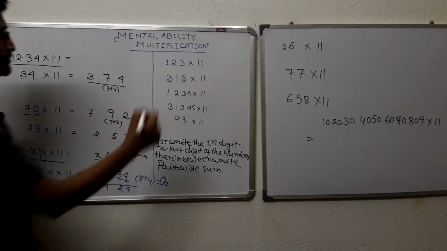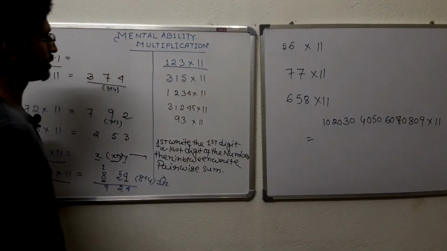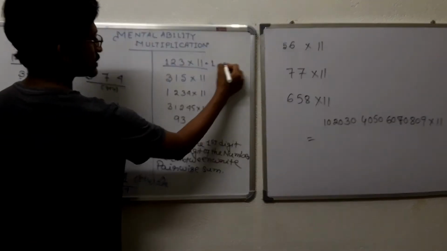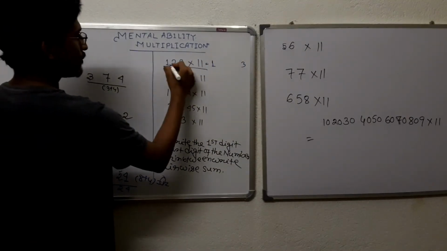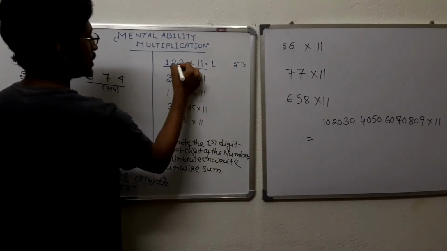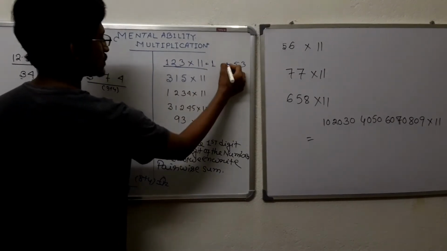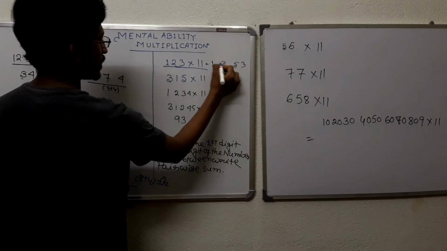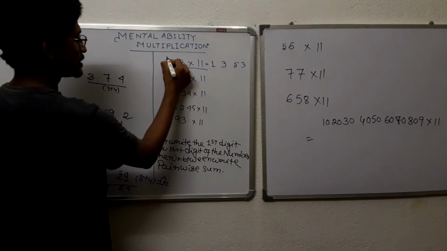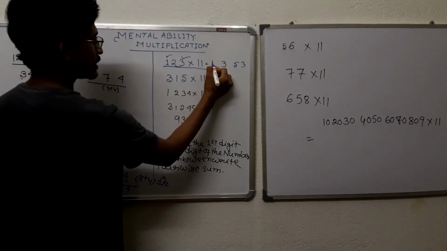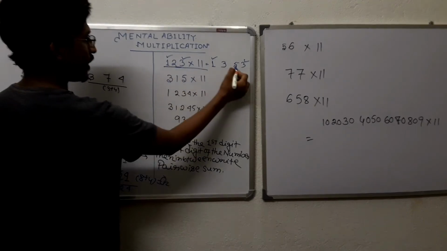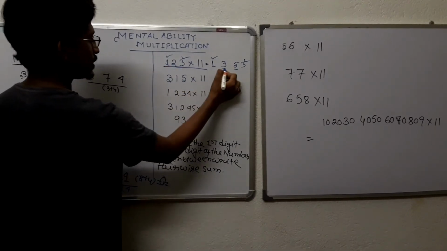Now coming to 123 into 11. Here write the first digit and last digit, then the pairwise sums. First digit 3, last digit 1. 2 plus 3 is 5 and 2 plus 1 is 3.